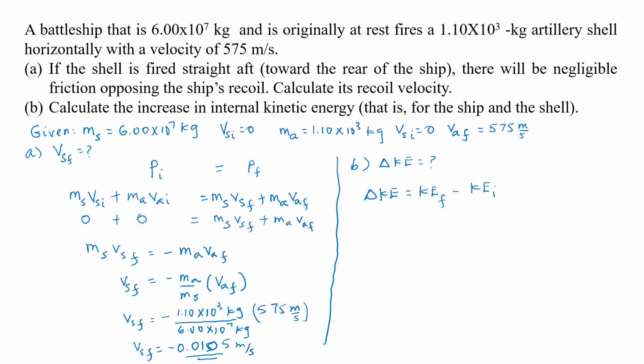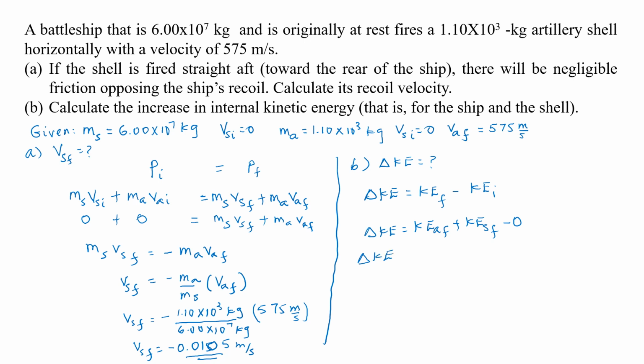Alright, so kinetic energy final is equal to kinetic energy of the artillery shell final plus kinetic energy of the ship final minus 0, because initially the velocities of both the ship and the artillery were 0. So basically the increase is going to be the sum of the kinetic energy final of both the ship and the artillery shell. Let's plug in the numbers.